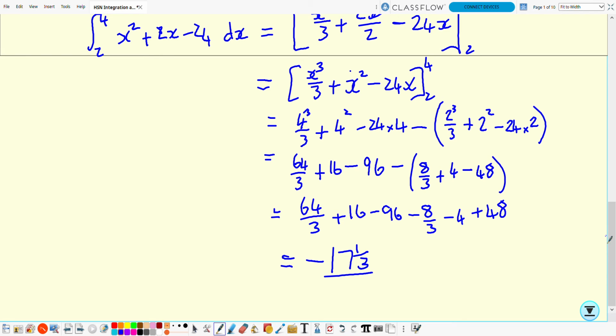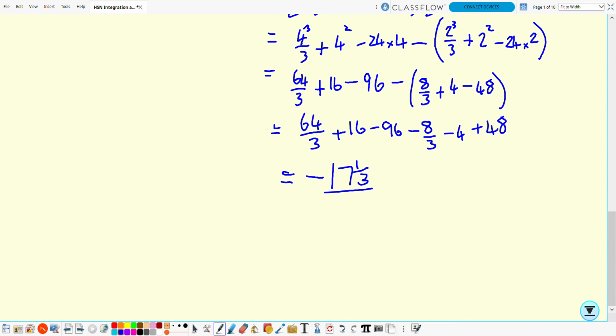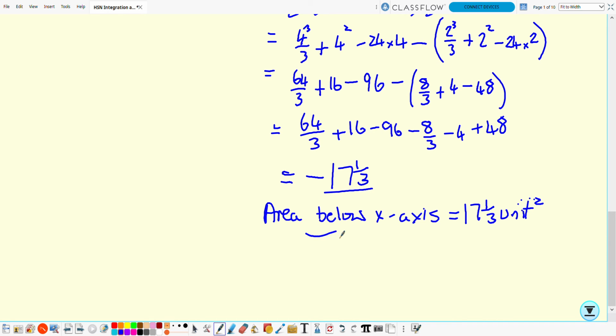But remember, this is representative of an area, so you would say area below the x-axis would be the positive value of that, equal to 17 1/3 units squared. So that's the first bit of this.